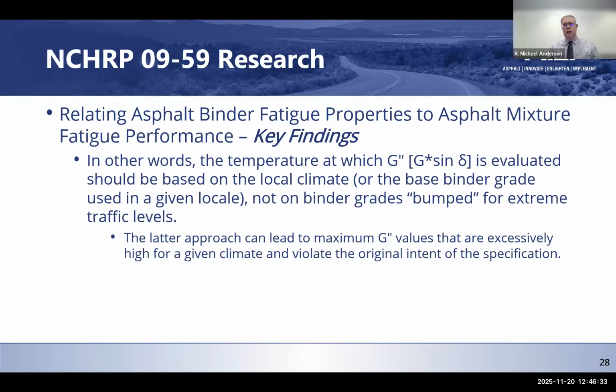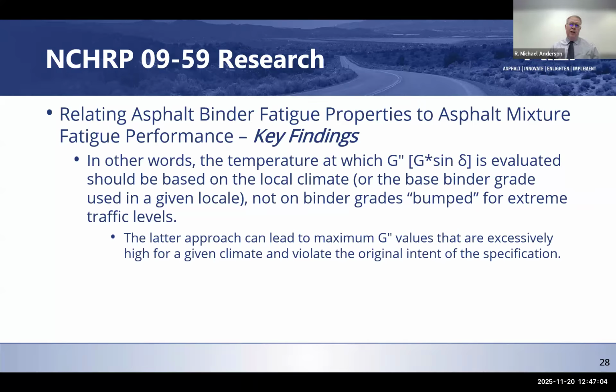So I'll use Kentucky as an example. Again, that's what I know. If they're using a higher amount of recycled materials, and they normally would use a 64-22, maybe they bump down, if you will, to a PG 58-28. They still would need to meet all the properties of 58-28 at the intermediate, high and low temperatures.